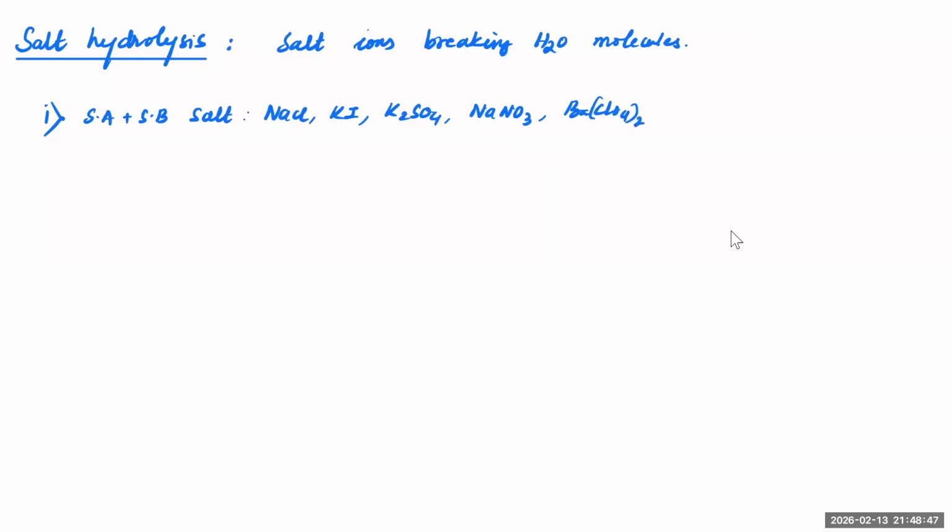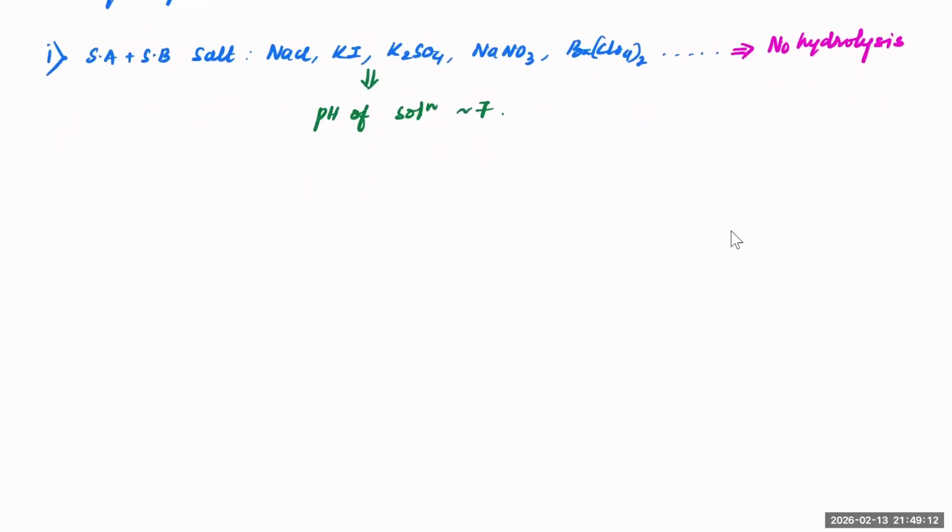All of these come from a strong acid and a strong base. For strong acid and strong base, you will notice that there is no hydrolysis. That means neither the cation nor the anion has the strength to break water molecules, which implies the pH of the solution will be close to 7. So it will be close to 7.